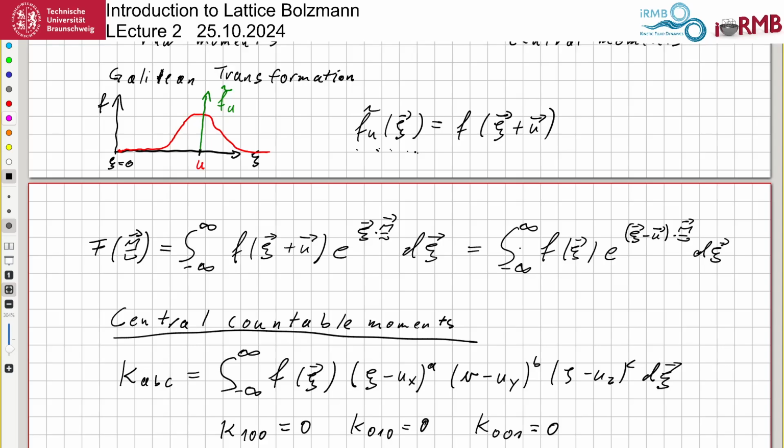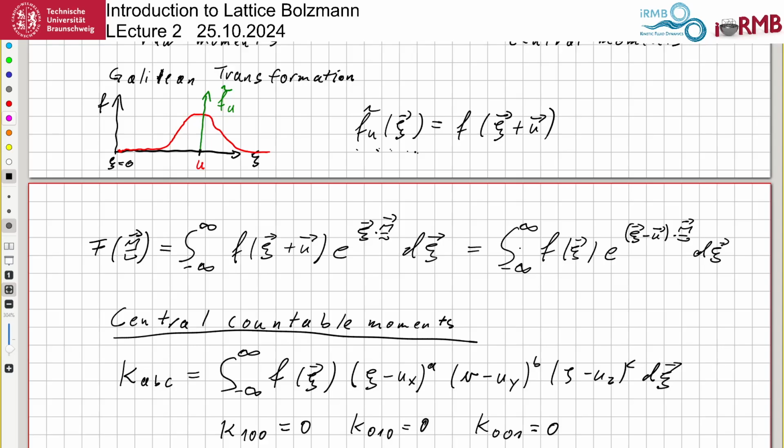From this you can actually calculate what is ux, what is uy, and what is uz, and this is exactly the velocity in which your frame is moving.